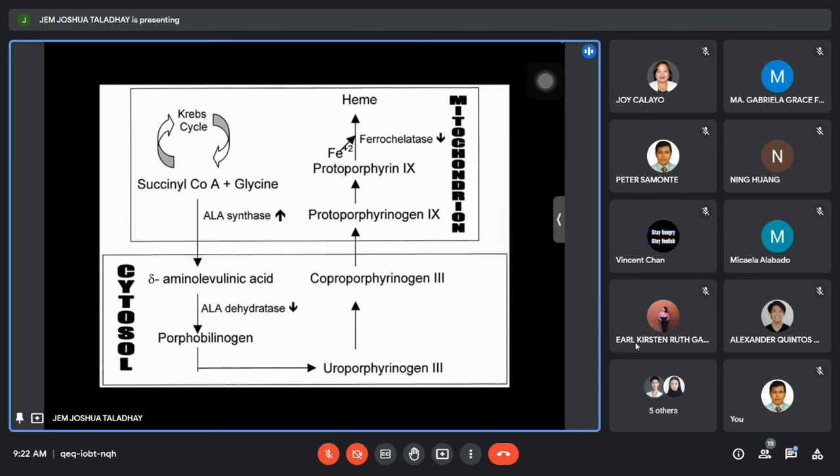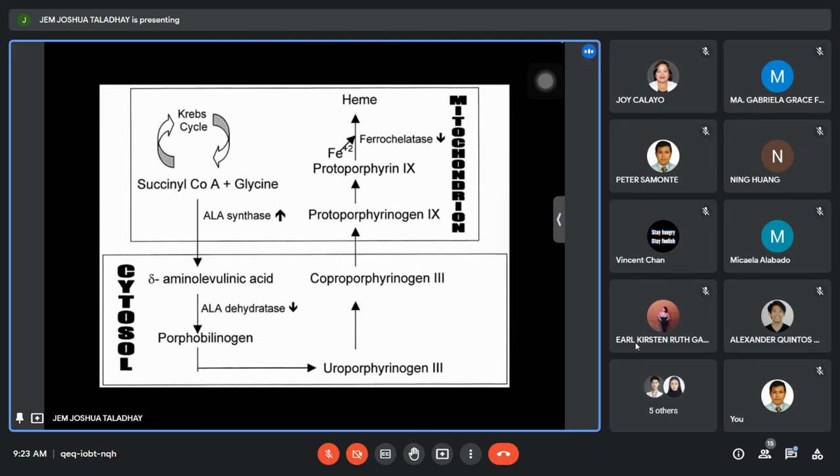So, this is a picture or a flow chart that visualizes the synthesis of heme. So the synthesis of heme starts inside the mitochondria.